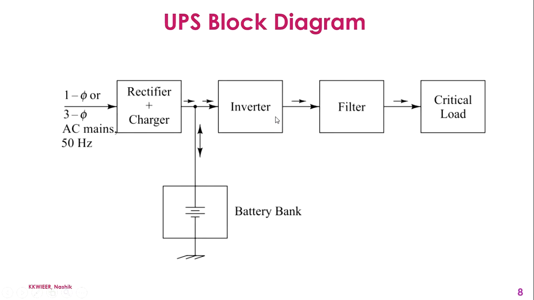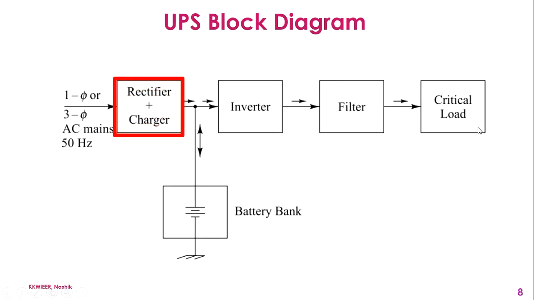Inverter will again convert the DC to AC. Then it will get filtered and given to the critical load. So here you can see this UPS also acts as an isolator. The single phase or three phase AC supply, that is, the input, will be isolated from the critical load.